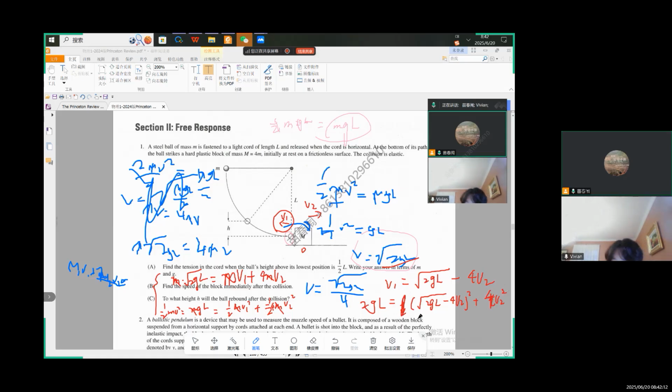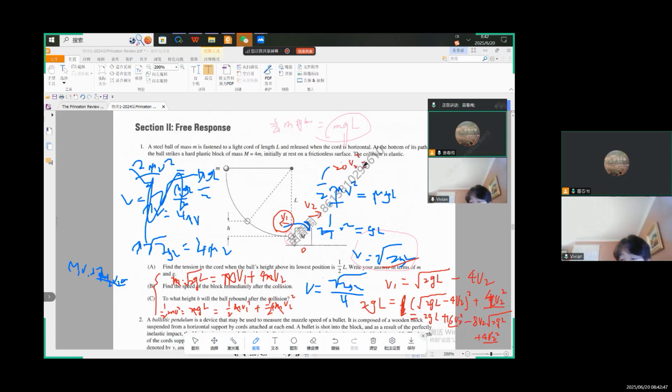So I have to expand that probably, right? 2gl plus 16 v2 squared minus 8 v2 square root 2gl, right? Does that make sense? And we have a 4 plus a 4 v2 squared. So this is 20 v2 squared, right?